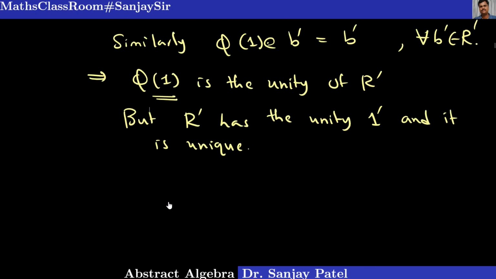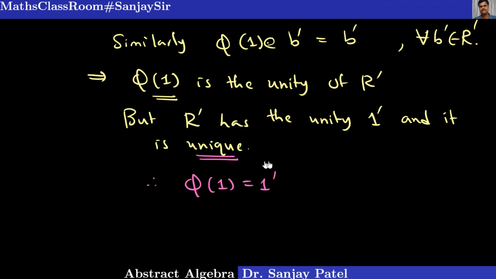So we have proved that phi of 1 is equal to 1' because of the uniqueness of the unity element. So we have proved that if the codomain ring is an integral domain and phi is a non-zero homomorphism with phi of 1 not equal to 0', then phi of 1 is equal to 1'.